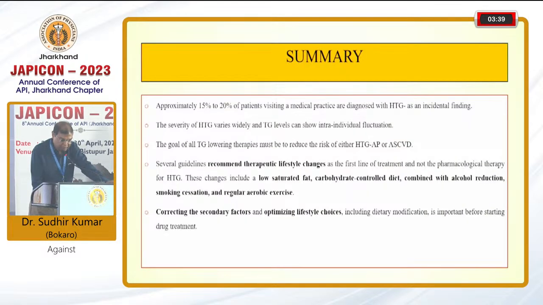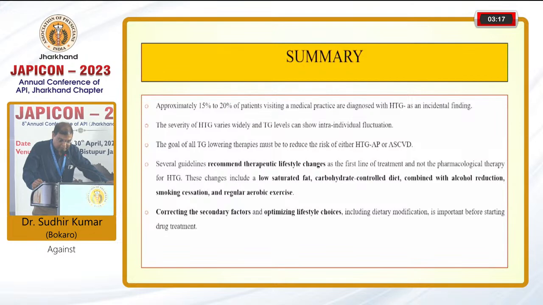So in summary, approximately 15 to 20% of patients visiting medical practice are diagnosed with STG, often incidentally. The severity of STG varies widely, and TG levels show intra-individual fluctuations. The goal of all TG-lowering therapies must be to reduce either the risk of STG-associated acute pancreatitis or ASCVD.